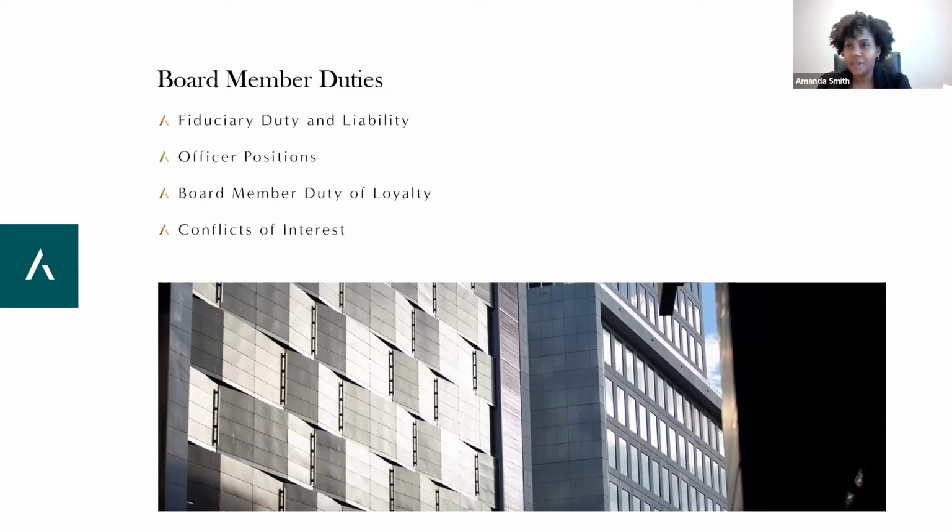So a conflict of interest is, for example, you have a member of the board, and when we say board, I want to clarify. Co-ops are corporations, so your documents may say the corporation, but you're still the board of directors of that corporation.